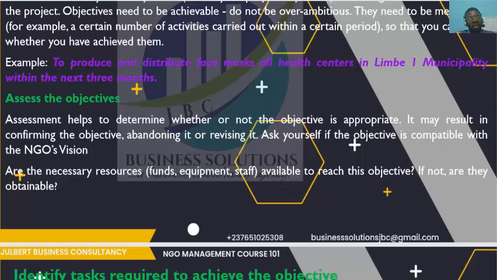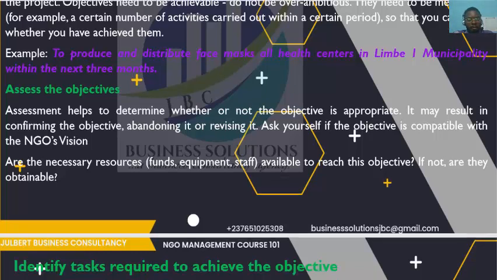You might have to change the objective. So it is very important that you don't only set the objective and begin bringing out steps to execute it. Evaluate the objective: is it SMART, specific, measurable, attainable, realistic, and time-bound?